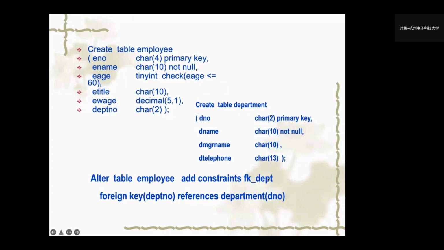We call it FK_department, and it is a foreign key. We need to use FOREIGN KEY (DEMPNO) REFERENCES the department's primary key DNO. So you can also write this kind of SQL to add a constraint after the creation of a table.